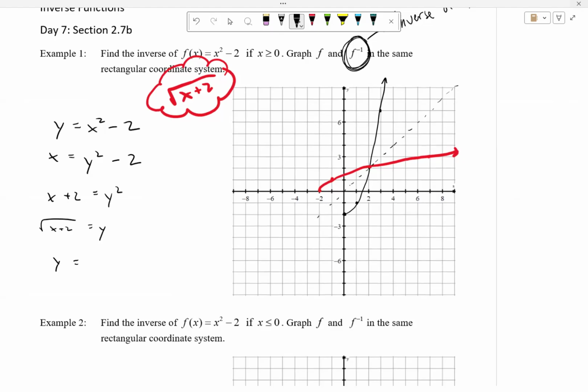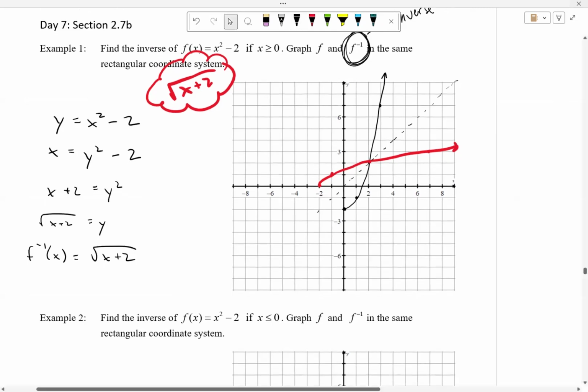I'm going to reverse that because that's a little bit strange, and acknowledge that it's no longer y, but the inverse of x. So that's algebraically how to do it, and it should match what we did. It's a nice connection. Any questions?